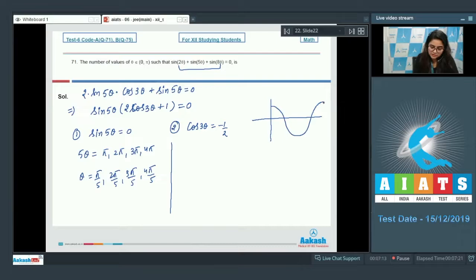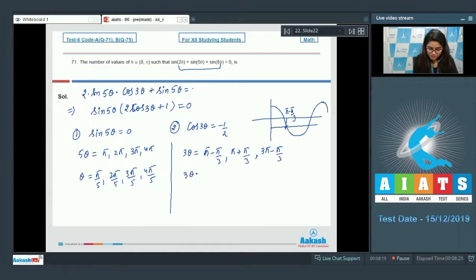Similarly from here, cos 3 theta is equal to minus half. For cos theta equal to minus half, you get pi minus pi by 3. So 3 theta can be pi minus pi by 3, pi plus pi by 3, 3 pi minus pi by 3.